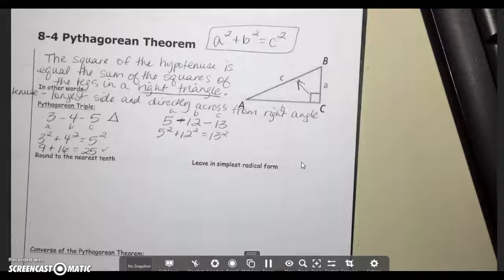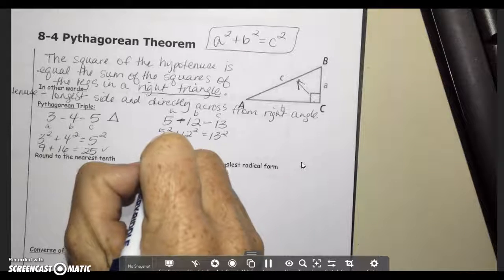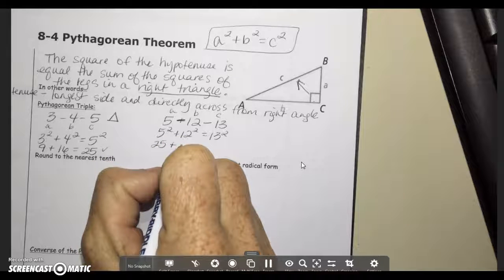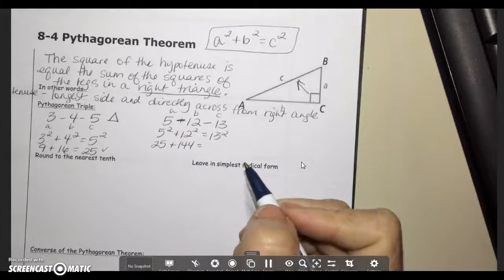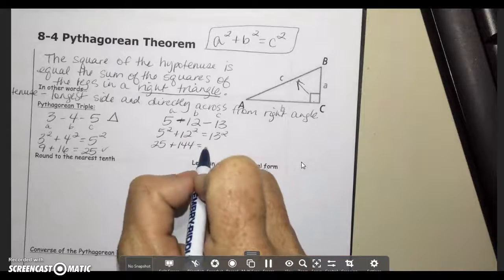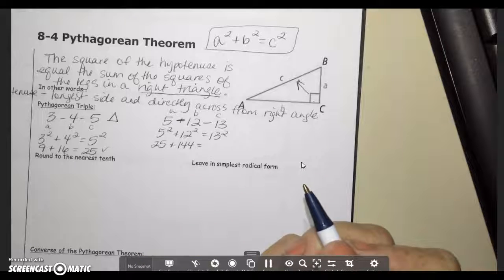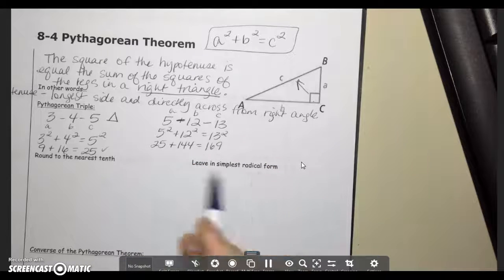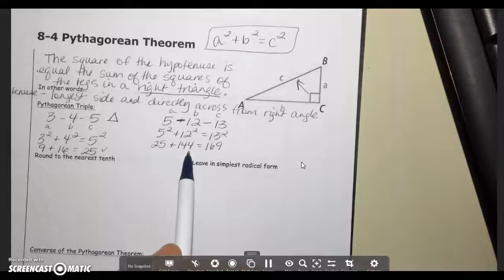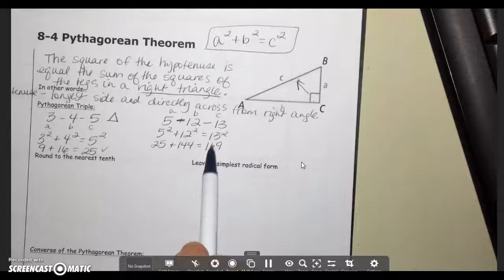What's 5 squared? 25. What's 12 squared? Good. 144. And what's 13 squared? Do you know off the top of your head? Good. 169. And if I add 25 to 144, I do indeed get 169. So that's another Pythagorean triple.